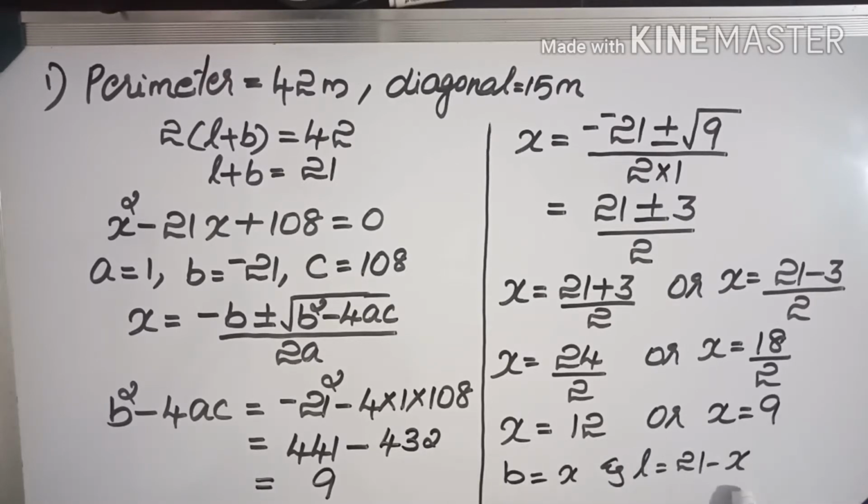So no need to apply the other value here. If you have to find two measurements, you can write one measurement as 12 and the other as 9. Breadth equal to 12, length equal to 9, or length equal to 9, breadth equal to 12. Both are possible. So these two are the answers, length and breadth.